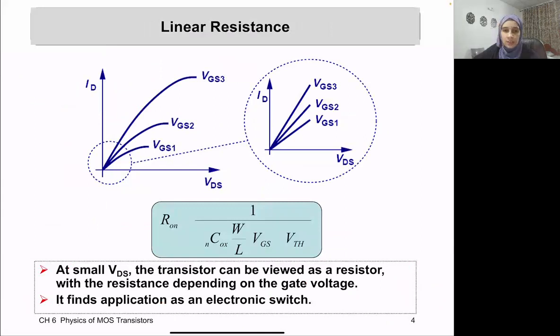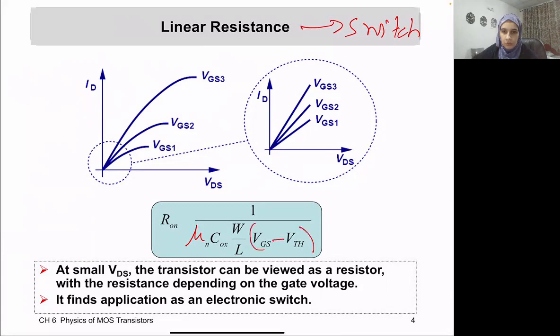When the transistor is operating in the linear region, it basically acts as a switch. So in the linear region, we normally use it in switch applications, and it has a certain linear resistance given by this relation. It's 1 over mu n COX W over L times (VGS minus V threshold).